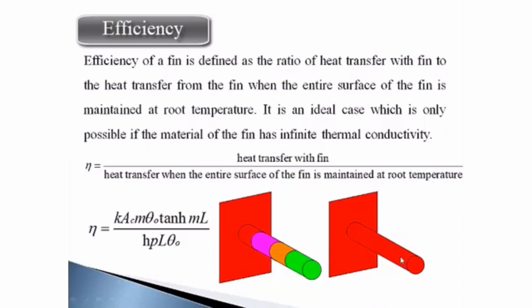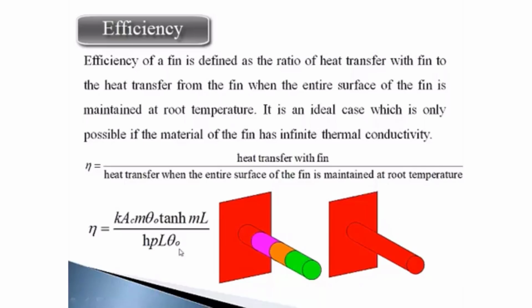Convection is area into heat transfer coefficient into the temperature difference. h is the heat transfer coefficient. PL is the area, perimeter into length, which gives the peripheral surface area. That is multiplied by theta 0, the temperature difference, because it is at uniform temperature and maintained at theta 0 itself.